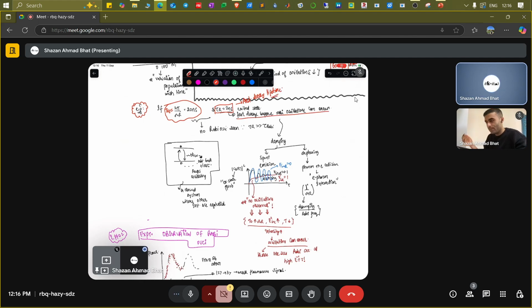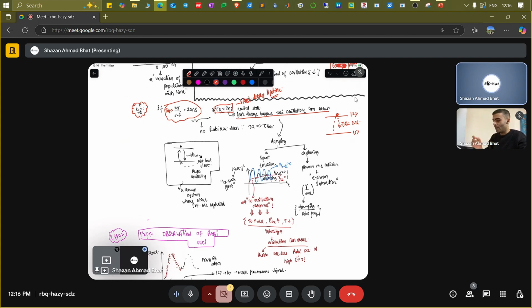That means faster decay even before the Rabi oscillations will be observed. So if you have two species, this is level 1, this is level 2, the electron is going here, and if it is going down and the radiative lifetime decay is 2 nanoseconds, that means your species is decaying even before the Rabi oscillations have started.